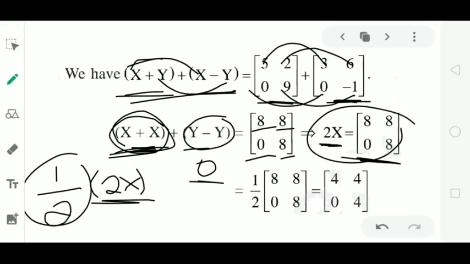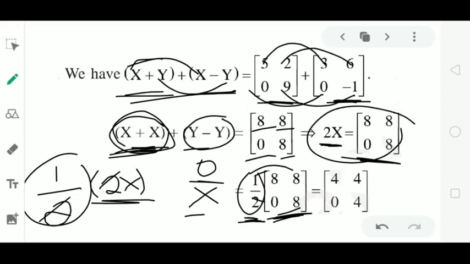So here, on multiplying 1 by 2 on both sides, the 2 gets cancelled. In the LHS, we get X. In the RHS, 1 by 2 into the matrix is nothing but scalar multiplication of a matrix. So here we multiply the scalar value 1 by 2 to each element of the matrix.